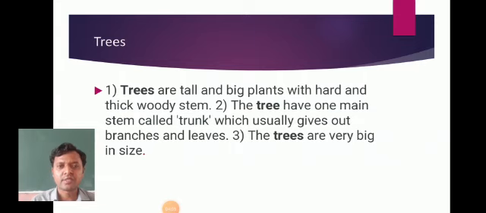Second, trees have one main stem called the trunk, which usually gives out branches and leaves. From where do we get branches and leaves? From the big stem called the trunk. And third, trees are very big in size.